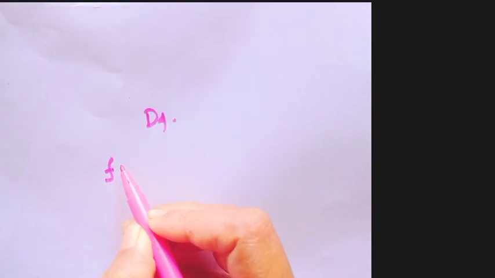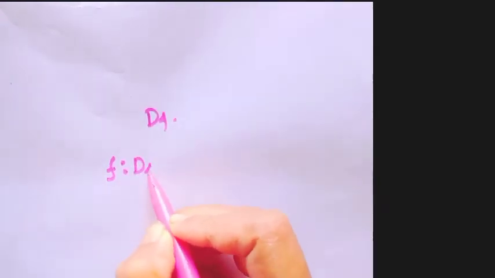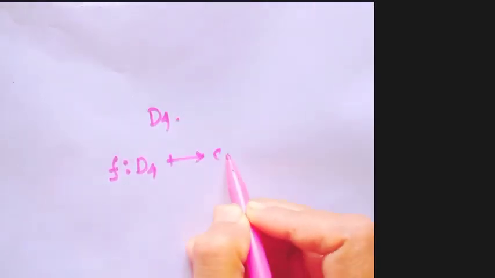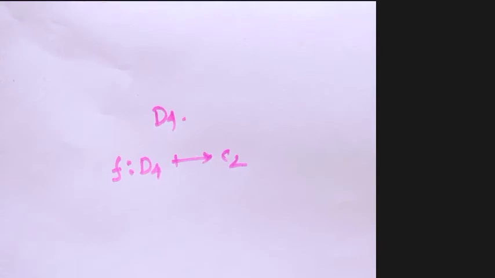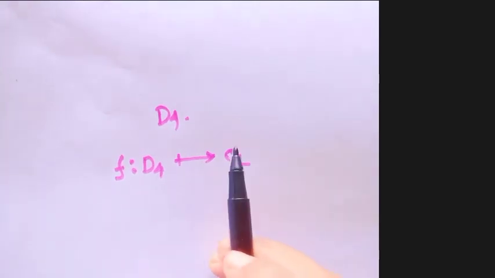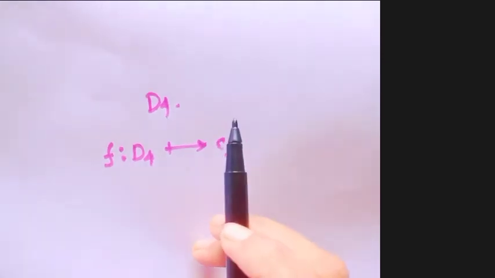Let's see one example. If you are asked what would be a normal subgroup of the group D4, what will you do? Construct a homomorphism f from D4 to C2. And what is C2? Recall, the cyclic group of multiplication of second roots of unity.